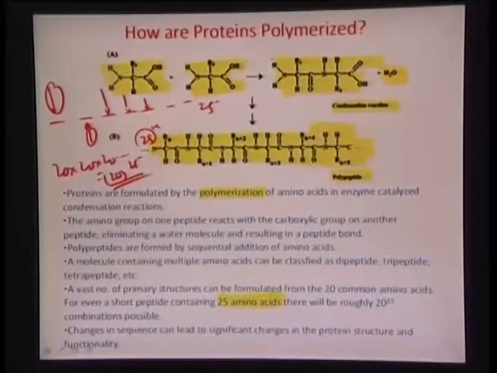So proteins can be this large. Depending on how many peptide bonds the molecule has, it is classified into a dipeptide, tripeptide, tetrapeptide, and so on, and that also determines how many amino acids you have. One peptide linkage is associated with two amino acids.